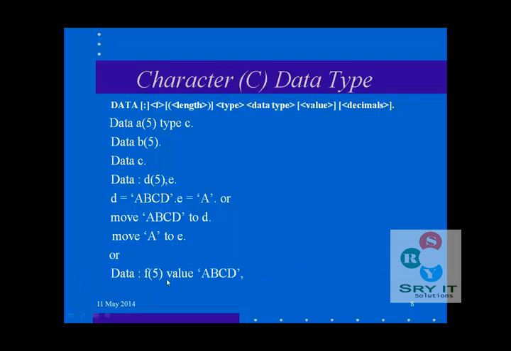Here, while declaration, I want to assign the value. DATA colon F5 VALUE 'ABCD'. Type C is not specified because it's the default; the default data type is C, character only. That's the reason I'm not specifying type C. But I'm using one more keyword from the syntax, that is VALUE.